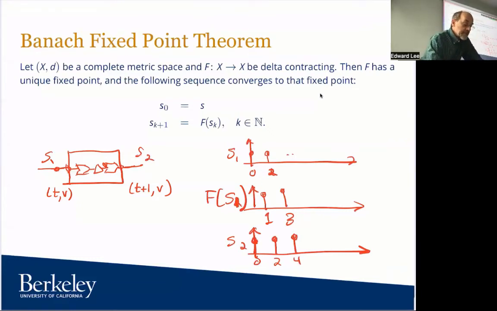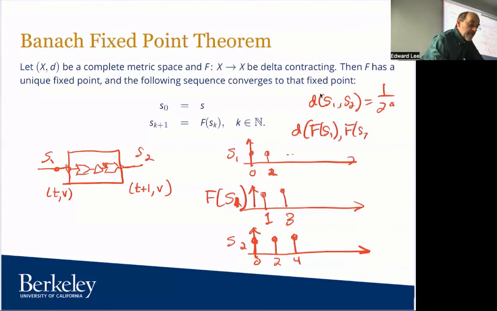Then what's the earliest time at which the inputs differ? Well, 4, right? So the distance between S1 and S2 is 1 over 2 to the 4th. What's the distance between f of S1 and f of S2?